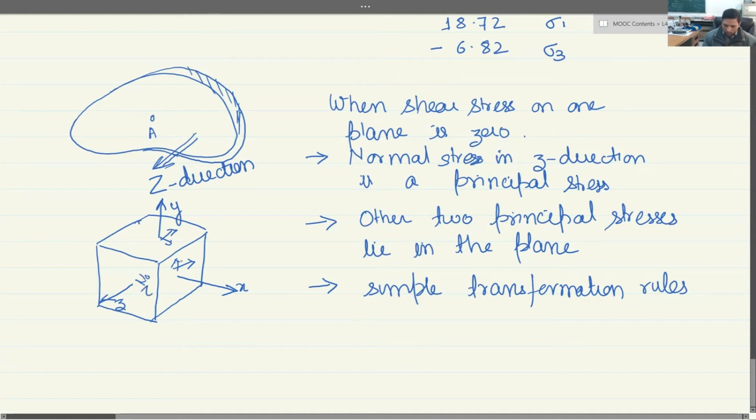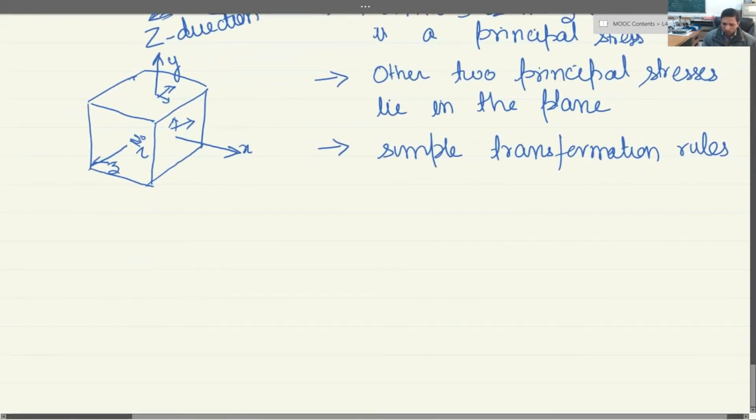In this particular case, if you want to transform, if you look at one cross section, you will have sigma y, sigma yx, sigma x.